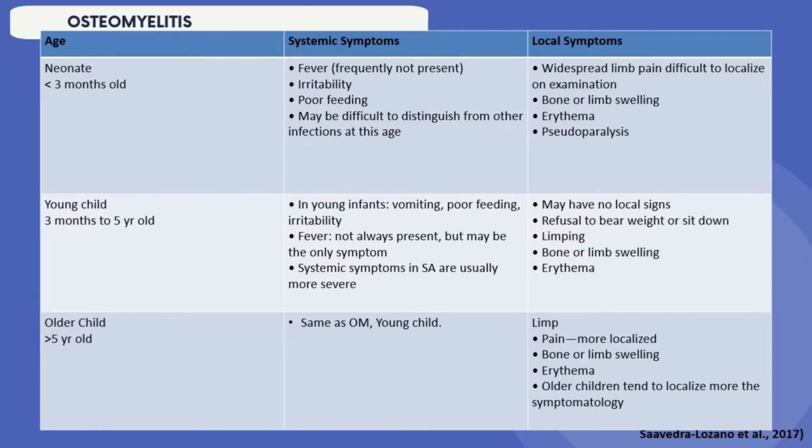Local symptoms may or may not have local signs: refusal to bear weight or sit down, limping, limb swelling, and erythema. In the older child age group, systemic symptoms are the same as in young children. Local symptoms include limping, more localized pain, bone or limb swelling, and erythema. Older children tend to localize the symptomatology more.